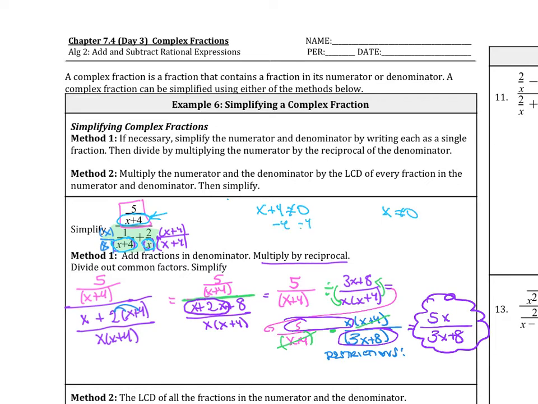We subtract 4 on this side, so one restriction is x cannot equal -4, and the other is x cannot equal 0. We could name this one as well: if you solve for it, it would be -8 over 3. It's really important that you write your restrictions, what you are not allowed to have, after you simplify. So this is a complete answer.